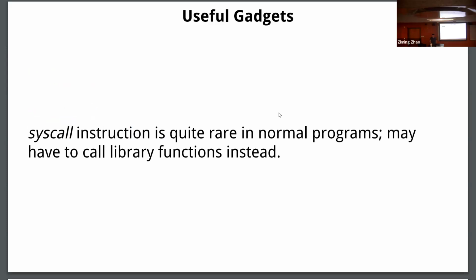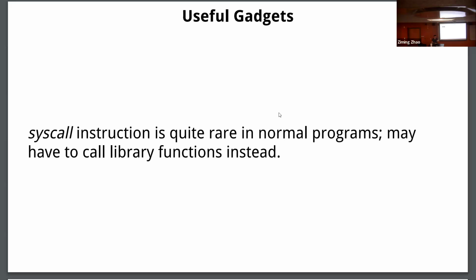Another thing is the system call instruction. They are very rare in the address space. So imagine you write a C program. Your program will not be compiled into a system call or int instruction, because your program will not directly make system calls.